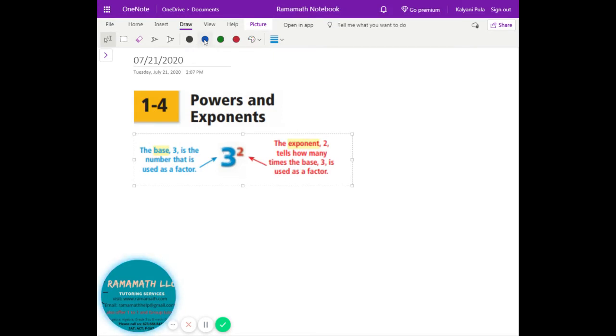So when you look at these exponents or powers, you can see this is called the base. What is this one called? Exponent.